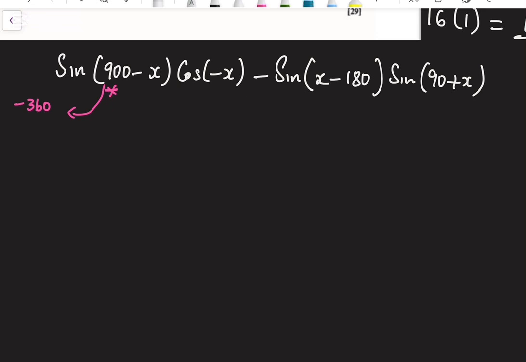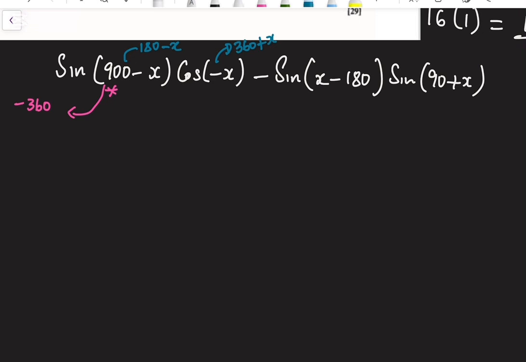Now, if I subtract twice, this is the same as 180 minus x. This one is a negative angle. For any negative angle, you just add 360. If we add 360 here, this is the same as 360 plus x.